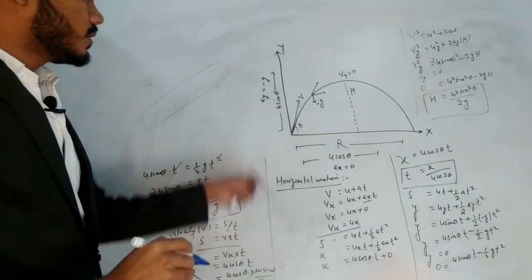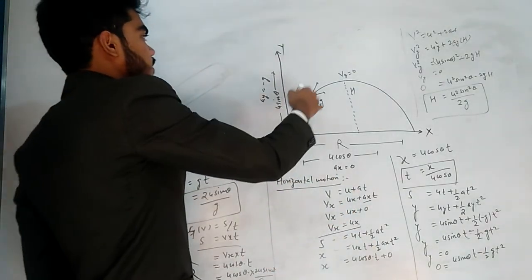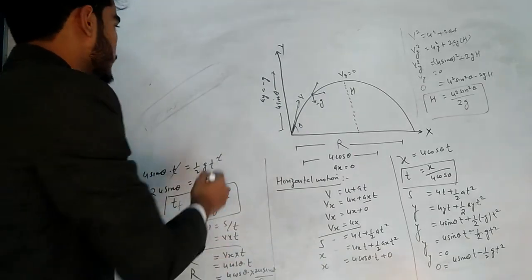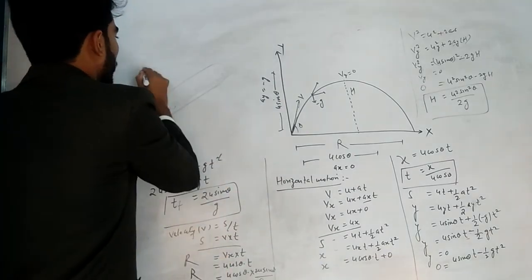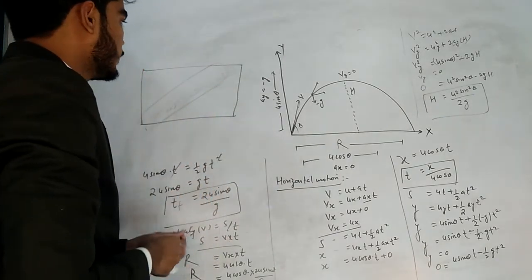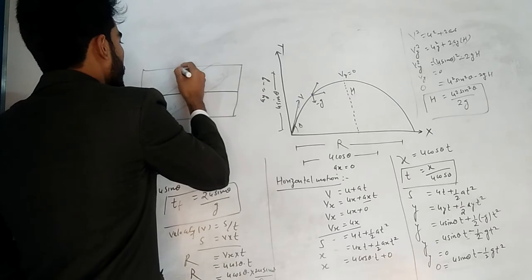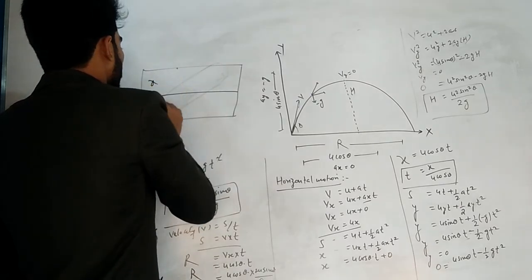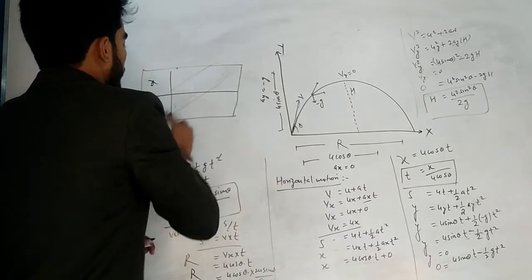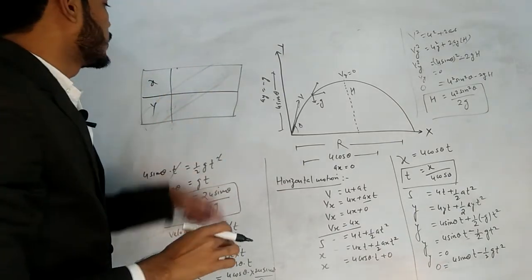So in this diagram, we can see the x plane and y plane. So we can see a chart like that. This is the chart of the x plane and y plane. This is the x plane, and this is the y plane. The x plane is for horizontal motion and the y plane for vertical motion.